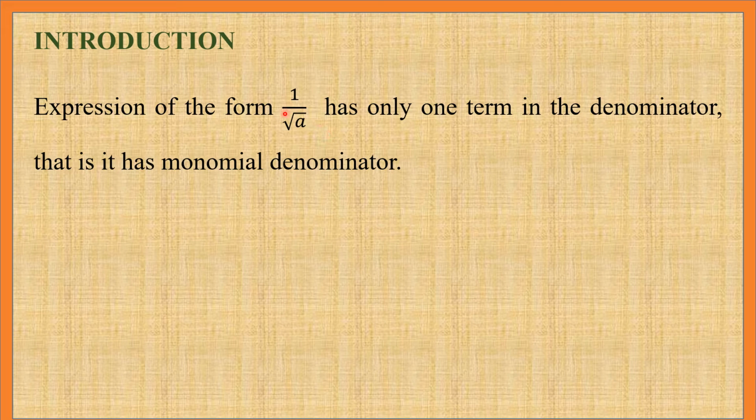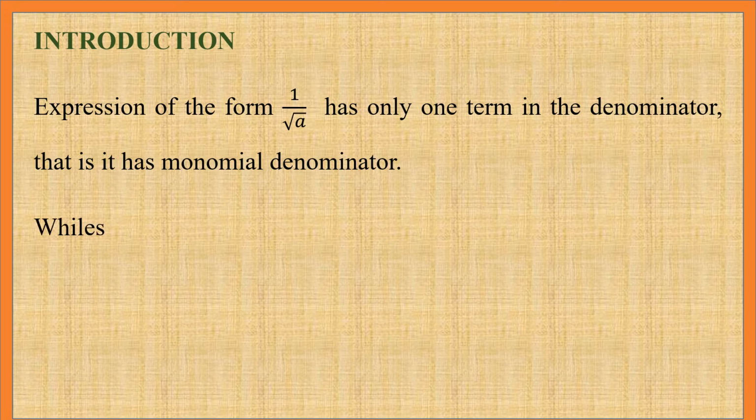So for that matter, mono corresponds to 1. So this particular denominator is a monomial denominator. So a denominator with just one term is called a monomial denominator.